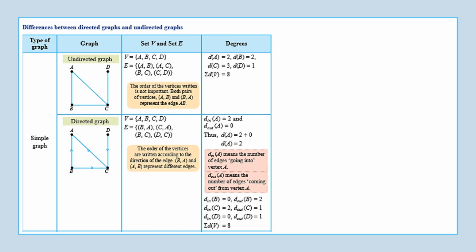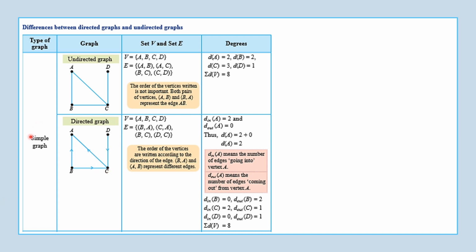Let's look at the differences between directed graphs and undirected graphs. At the top here is an example of undirected graph, which means the edges have no direction. Below is an example of directed graph, almost similar. The difference is that at the bottom, we have arrows indicating the directions on all the edges.